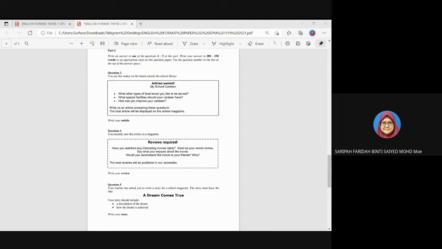Story. Okay. So let's take a look at the story question. Your teacher has asked you to write a story for a school magazine. The story must have the title, A Dream Comes True. Your story should include a description of the dream. That's one. How the dream is achieved. Okay.